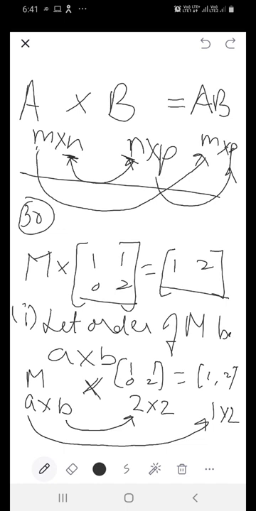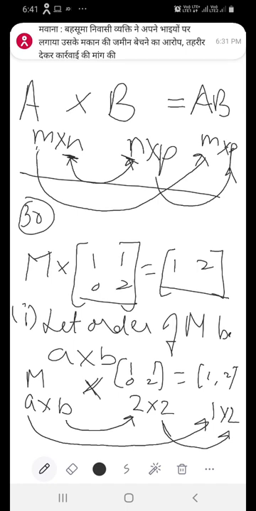And the columns of the second matrix are equal to the columns of the product, which is already given the same, 2. So now the value of A is 1, as you see, and the value of B is 2.